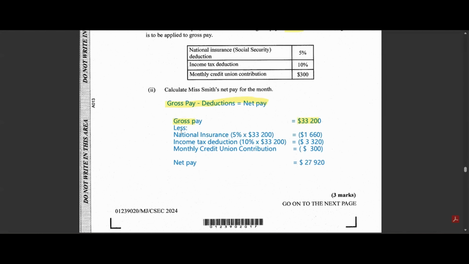And now the deductions will include national insurance, which is 5% of that gross pay, 1,660. Income tax deduction will be 10% of that as well, 3,320. And monthly credit union dues, $300. So these are both statutory and voluntary deductions. Gross pay less all deductions is going to give net pay, which will be 27,920, another 3 marks.